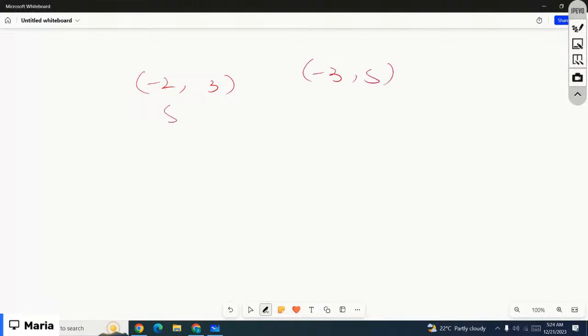The slope you are given is 10, right? So just write it down with the slope formula, that is m equals y2 minus y1 divided by x2 minus x1, right?